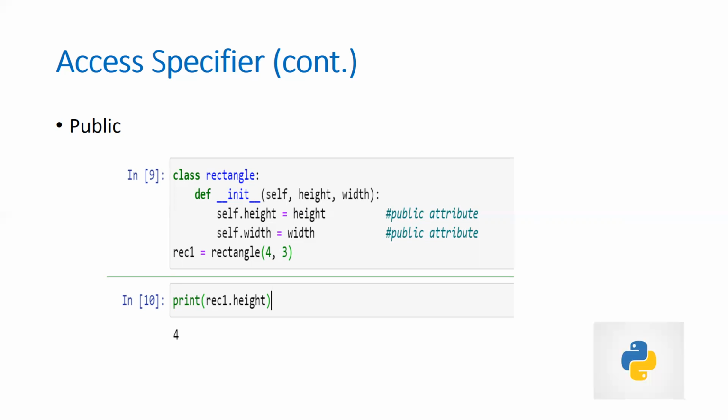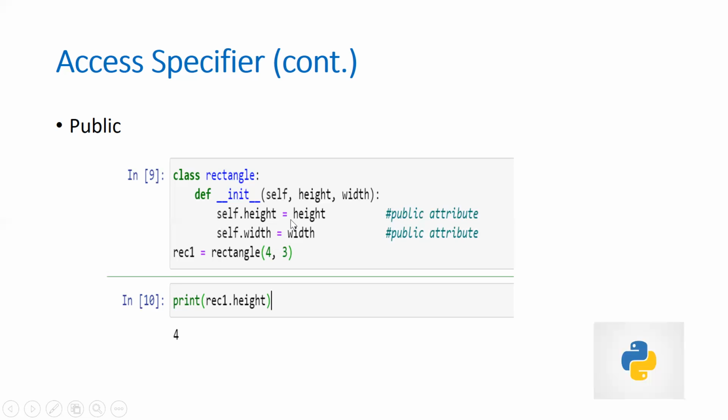If there is no underscore before this attribute, that means it is a public attribute. So here I just make a comment that this attribute is a public attribute. You should not use an underscore here, or it does not make any difference if you do.